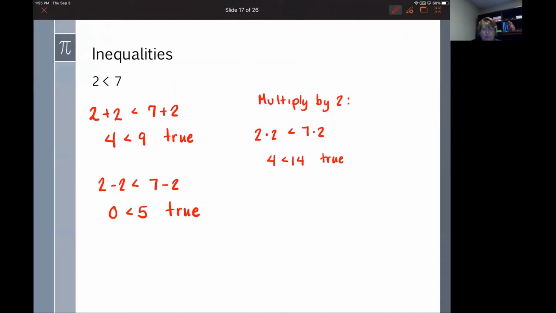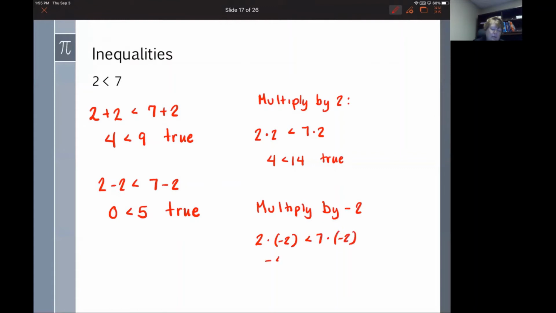So it seems like I can multiply both sides of an inequality by a constant and it remains true. But what happens if we multiply by -2? So I have 2 times -2 less than 7 times -2.